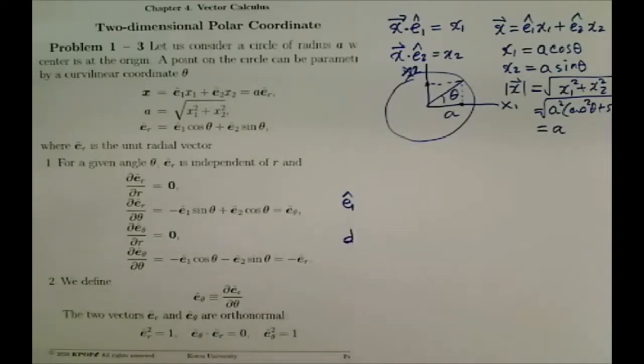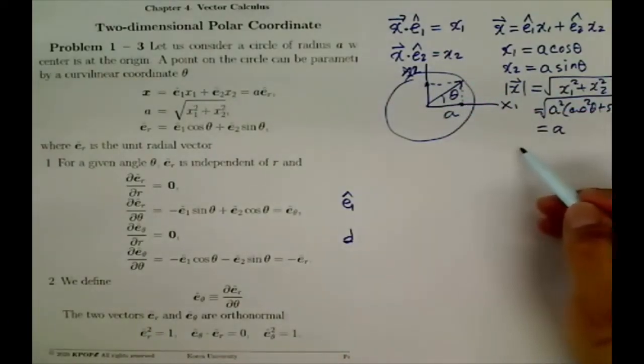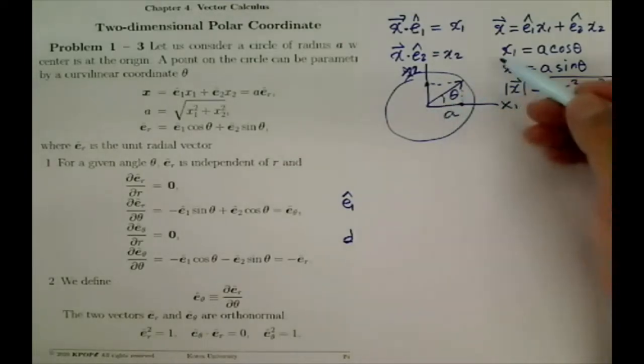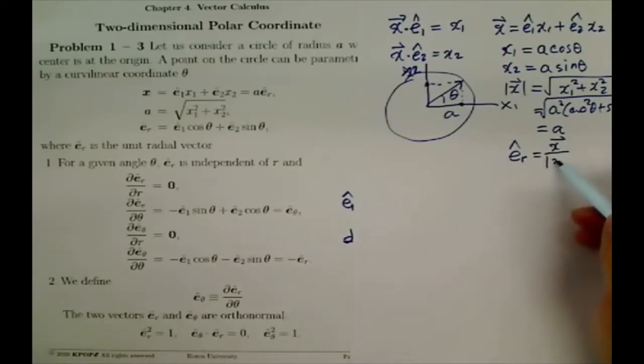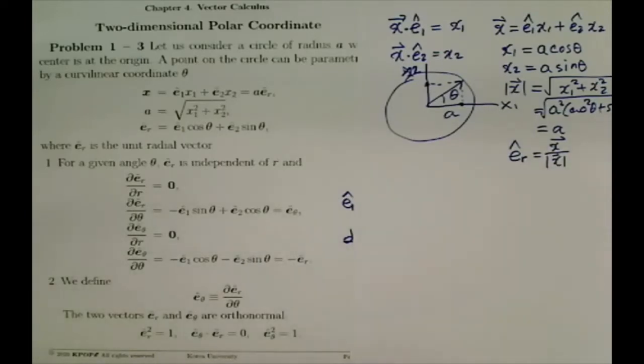And the unit radial vector, the radial direction, e_r, is just the x vector divided by the magnitude of x.